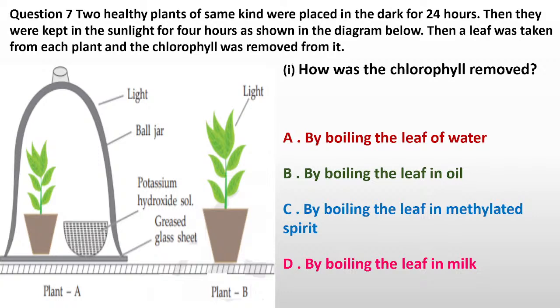So the correct answer for this question is C. By boiling the leaf in methylated spirit. So remember, methylated spirit is used for removal of chlorophyll.